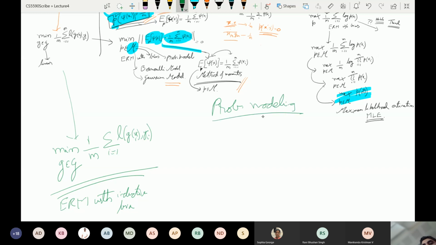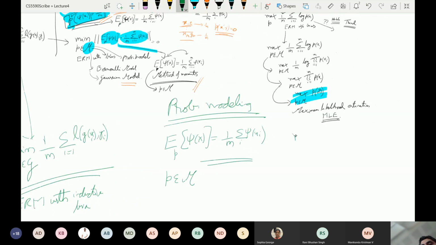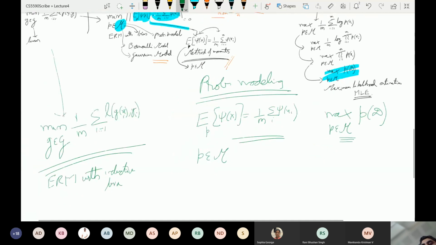In either case, you will have to solve this problem of estimating a distribution given the samples, for which you have to either find a likelihood in a set of likelihoods that matches moments in this sense, or find a distribution in a set of models which maximizes the likelihood of the entire training set.